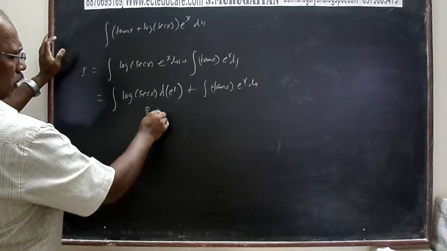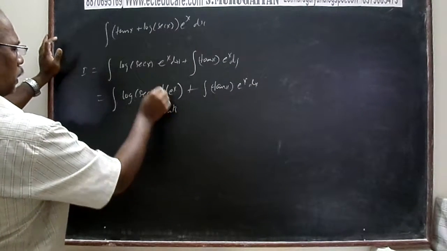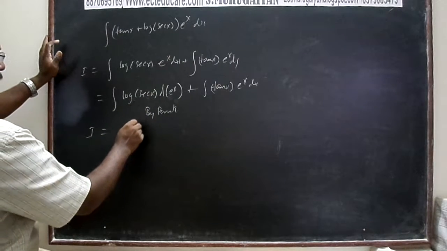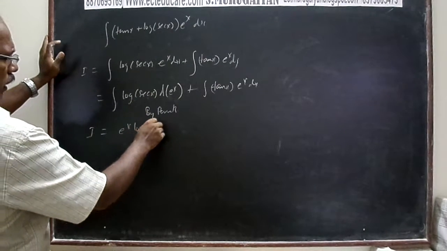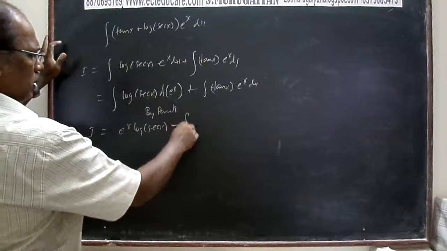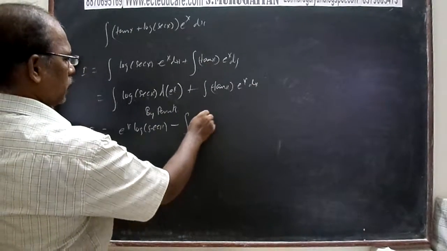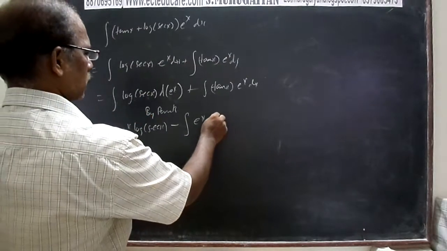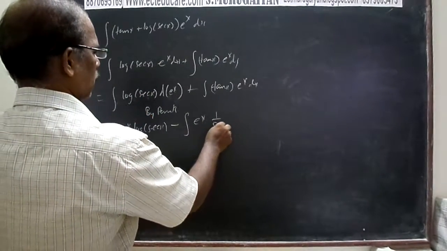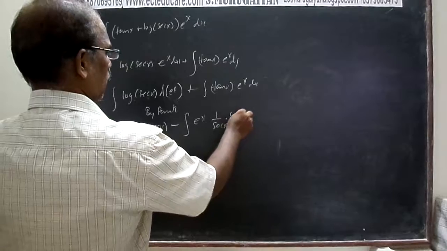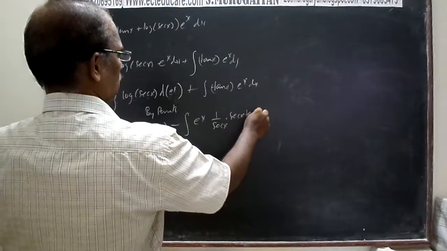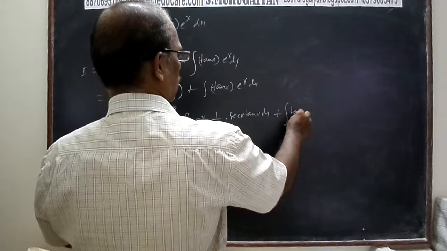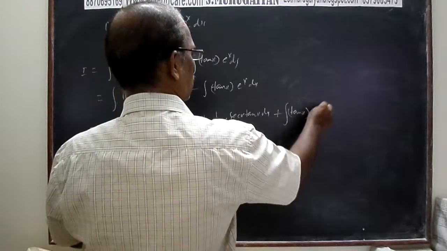Applying by parts on the first part alone, I equals uv, e power x log of secant x, minus integral of v, e power x, into the derivative of log of secant x, which is 1 by secant x into secant x tan x, dx, plus integral of tan x e power x dx.